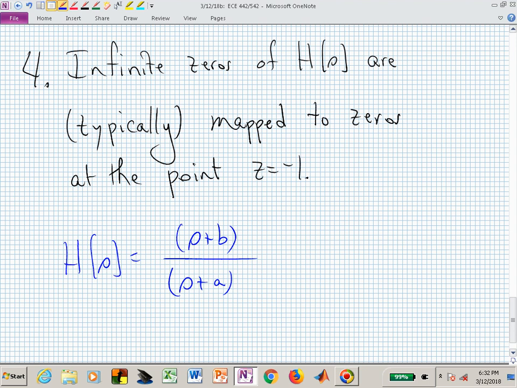Show of hands. How many zeros at infinity do I have? What's the pole zero excess? How many more poles do I have than zeros? It's 1 minus 1. So the pole zero excess is 0.